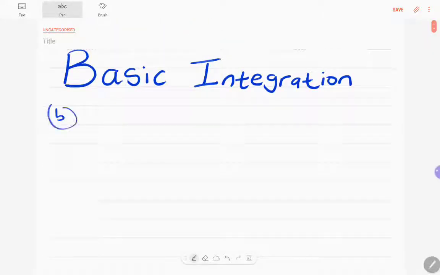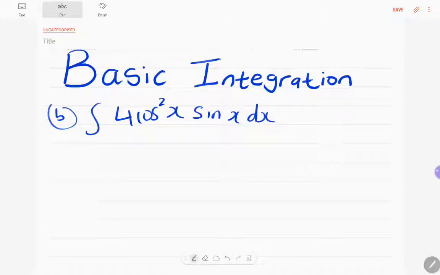Second one, integral of 4 cos squared x sin x dx. We'll take this one. That means we say 4 cos 2 plus 1 is 3 x all over 3 multiplied by the derivative of this.